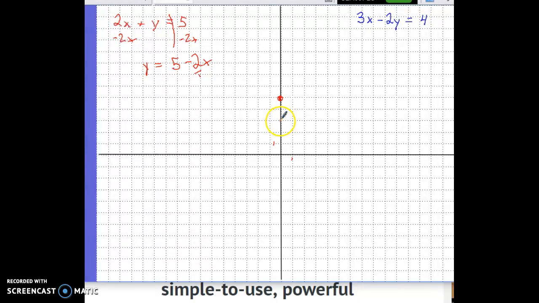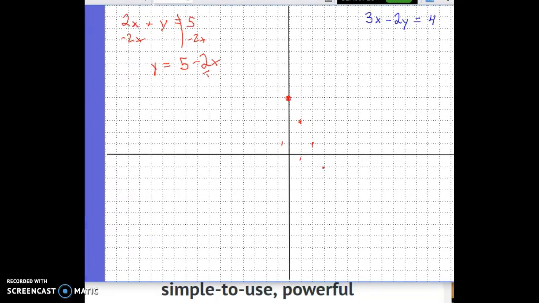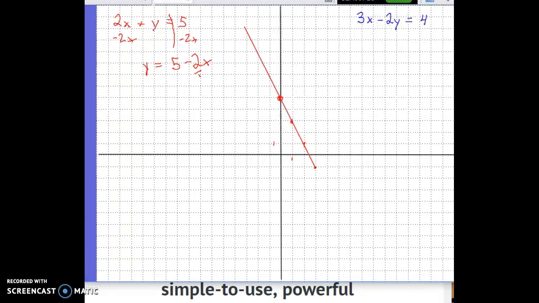Rise -2, run 1. And here is the first line. The second line, you graph. Pause the video and you graph the second one and find that solution.